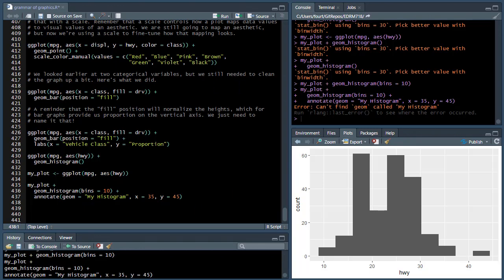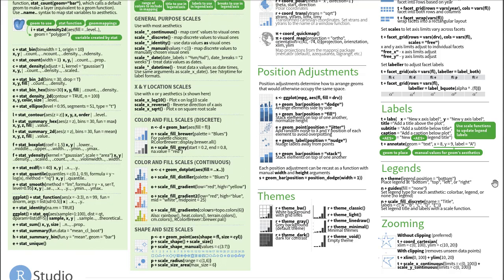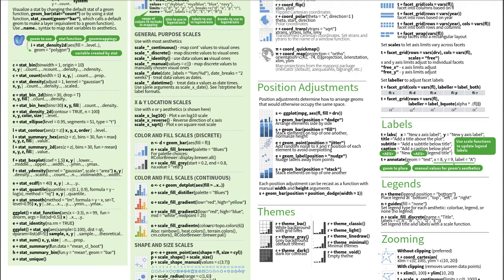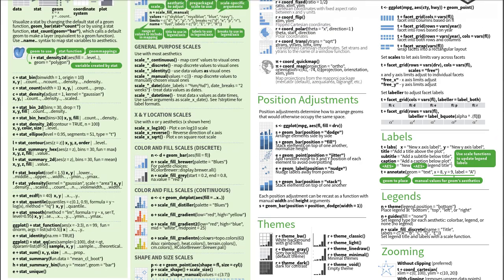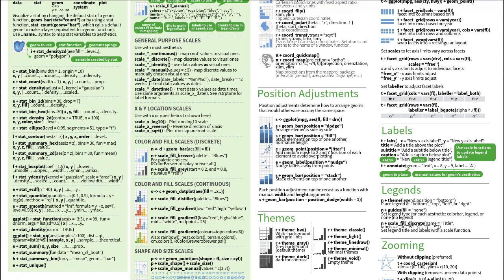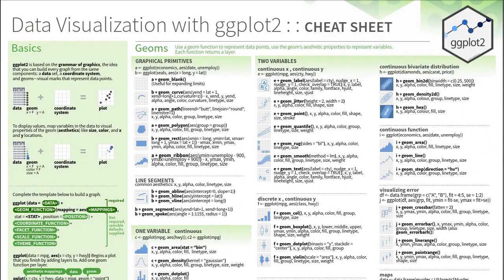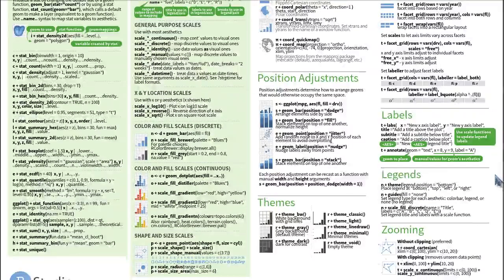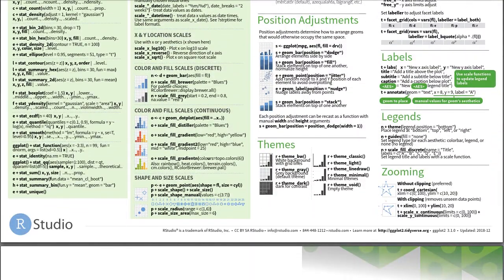I actually have to use a particular type of textual geom. So let's see. The geom to place this text, that actually is an example of the annotation.